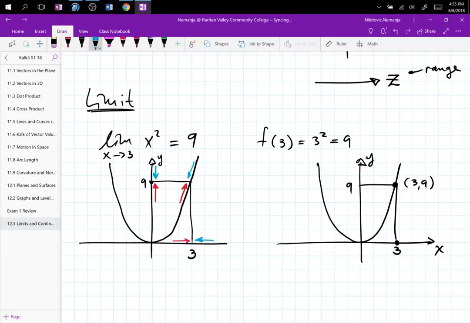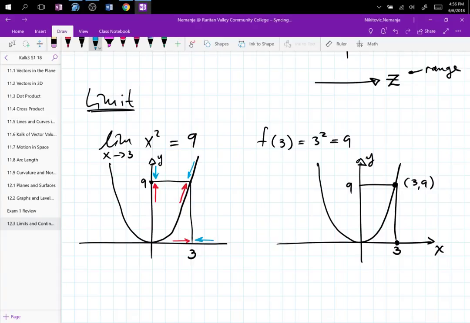And now we need to take that concept and put it in a 3D environment with a lot more issues and problems, obviously. But please observe the red arrow and the blue arrow. You are only able to approach 3 from the left, which is red, and from the right, which is blue. And there is that huge theorem in Calculus 1 which said that if the left approach and right approach are the same number, then your overall limit is that number.